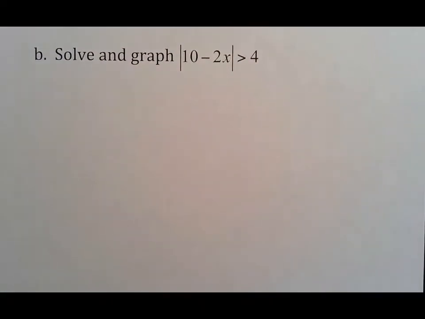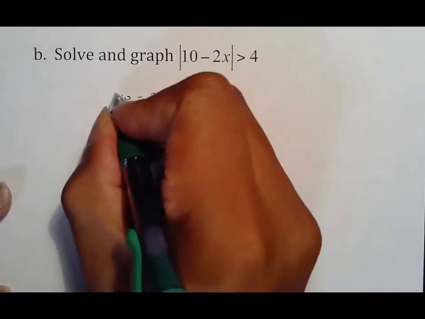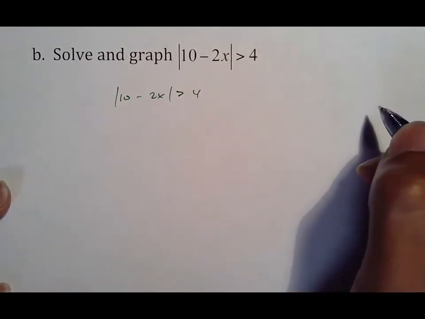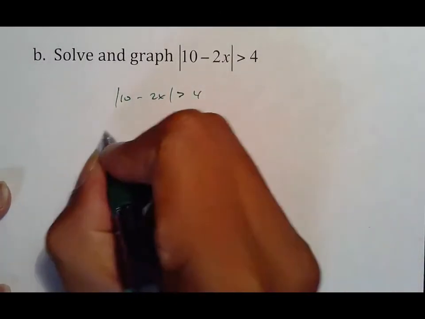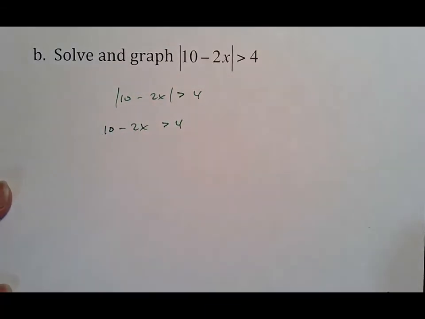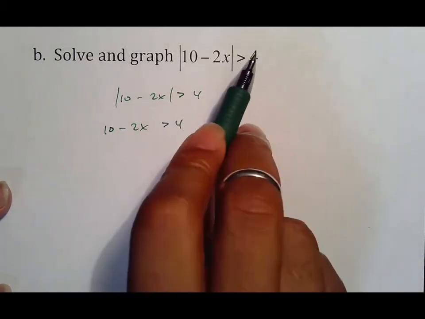B's example. Starting off, 10 minus 2x, absolute value, greater than 4. Rewrite without our absolute values, alone already, so we do 10 minus 2x is greater than 4. We then pick the word. This symbol points that way.